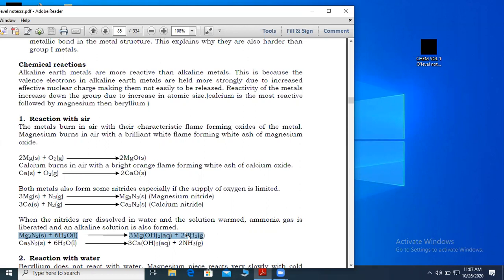Ammonia gas is NH3 because the valence of nitrogen is 3 and the valence of hydrogen is 1. So the fourth equation was meant to be this, magnesium hydroxide plus ammonia as the products. Then in balancing, we had to put 6 on water, and we also had to put 3 on magnesium hydroxide.